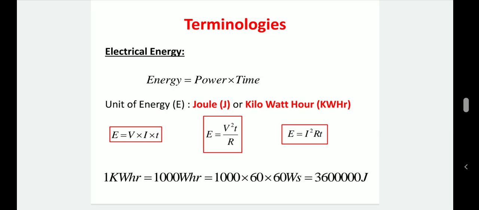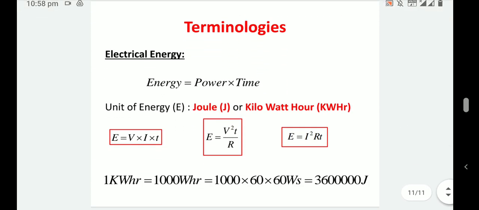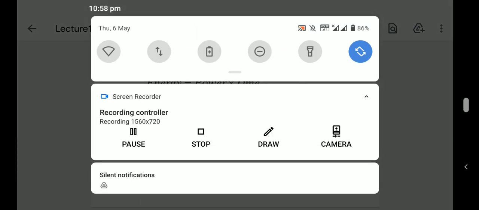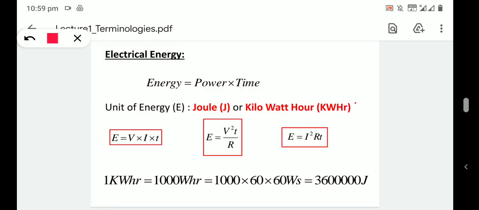But electrical energy is commonly expressed with the unit kilowatt hour. So energy is power into time, so E becomes equal to VI into T, or E equals V square by R into T, or E equals I square R into T.